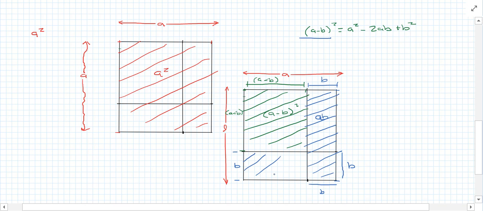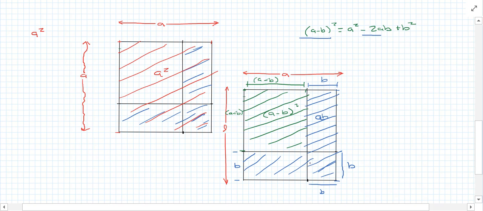So you're essentially cutting off these bits. That's where the minus 2ab comes from. You have to cut these edges off to get to the square on its own.